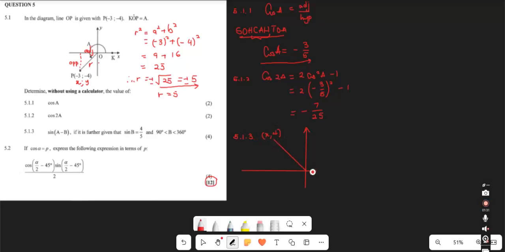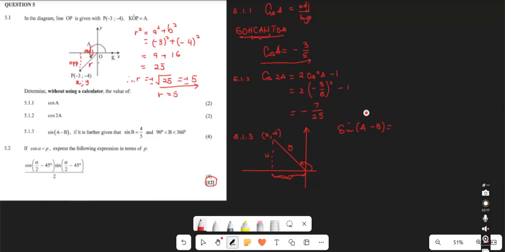We are not given our x. Remember, sine is opposite over hypotenuse. You are given that your hypotenuse is equal to 5, and the opposite is 4. So x is the one that we do not have. They say sine (A minus B).